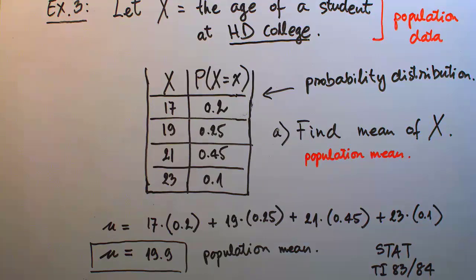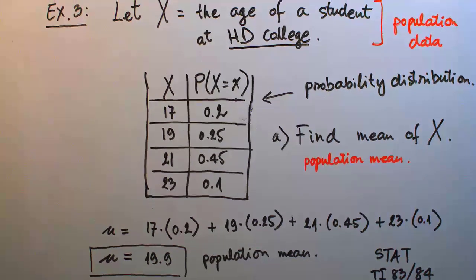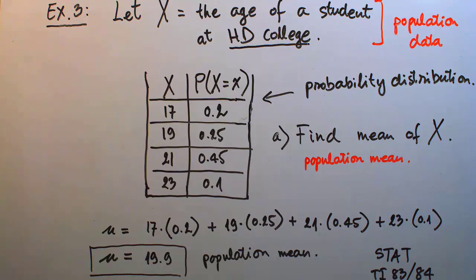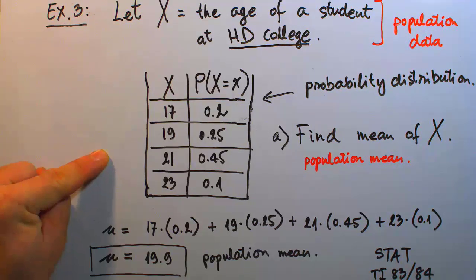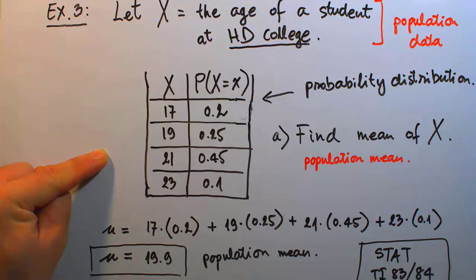Now, I have to really clarify in case anybody is falling into that mistake. For calculating population mean from a given probability distribution like this, there is no technology that can help you with that. So this route using the stats button on the TI 83 or 84 calculator will not work on this.